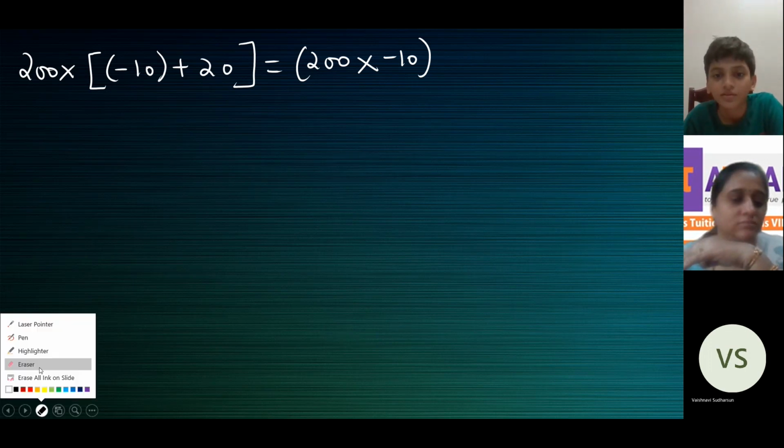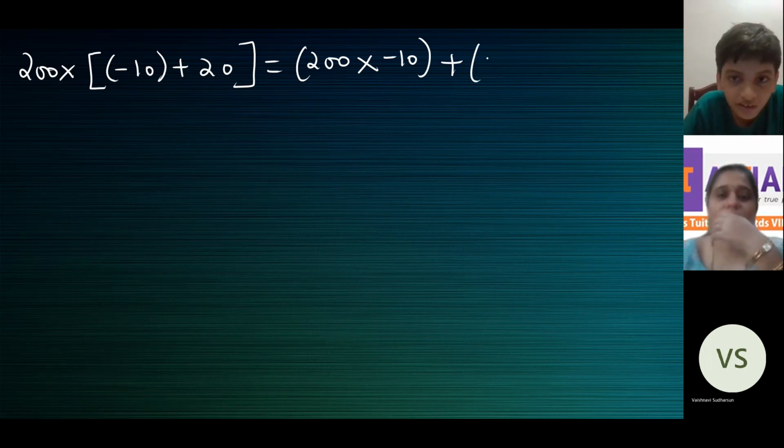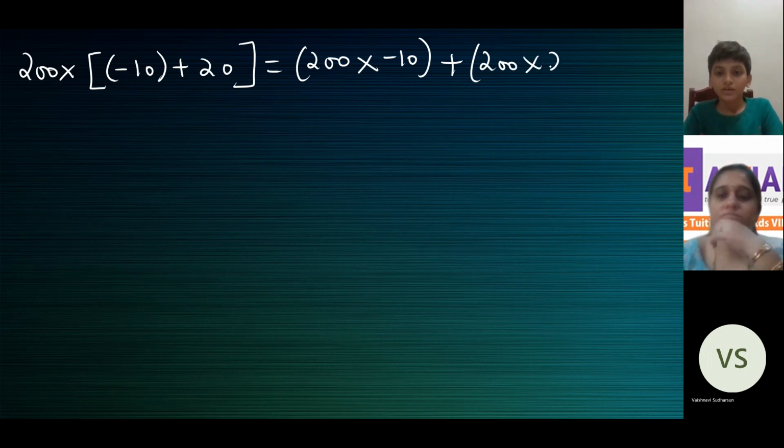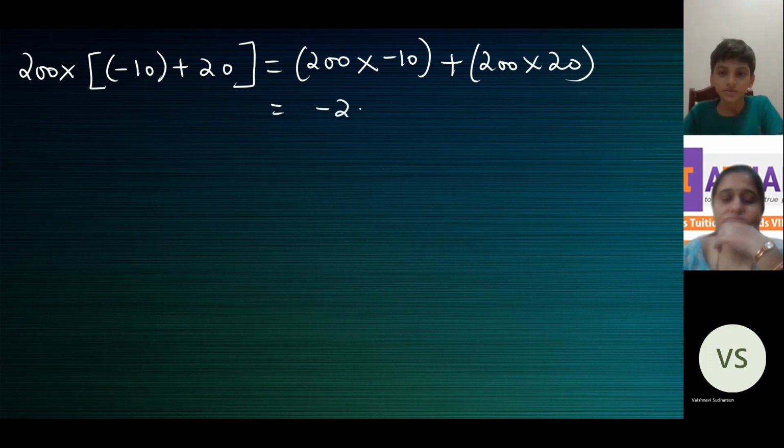Plus 200 into 20 is equal to minus 2000.